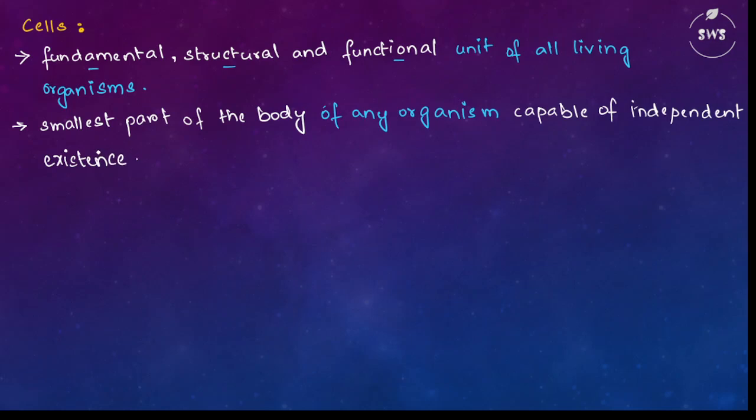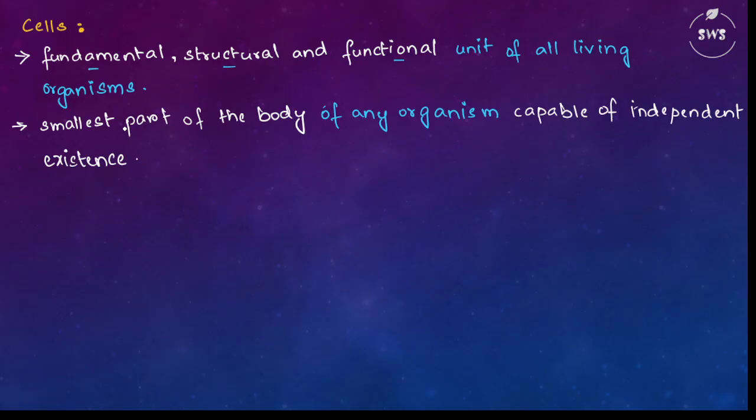This is very important. Please note this down, students. That is, cells are the smallest part which are present in the body of any living organism, because we know that all living organisms, be it plants, animals, bacteria, or human beings, are made up of cells. And these cells are the smallest part present in any living organism.